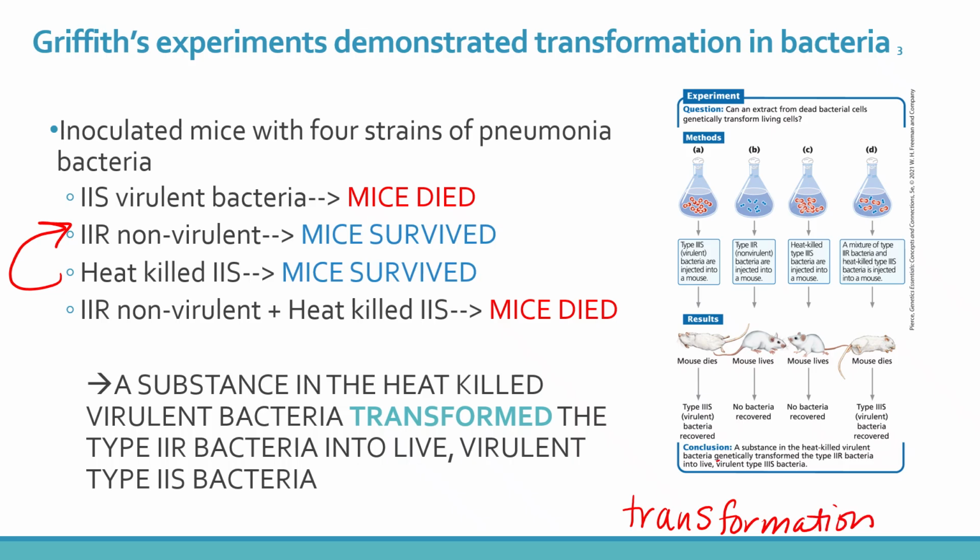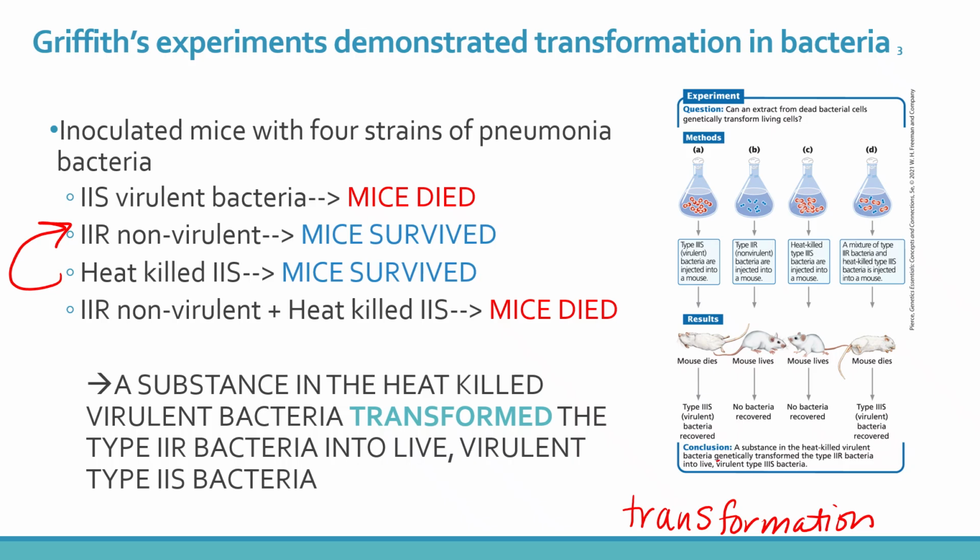And the idea here is that those heat-killed cells must have released their DNA, and that non-virulent strain must have picked it up, because we need a living cell in order for the mice to contract pneumonia.